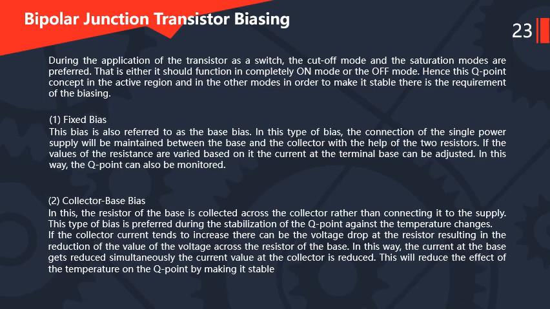If the collector current tends to increase, there can be a voltage drop at the resistor, resulting in the reduction of the voltage across the resistor of the base. In this way, the current at the base gets reduced simultaneously. The current value at the collector is reduced. This will reduce the effect of temperature on the Q point by making it stable.